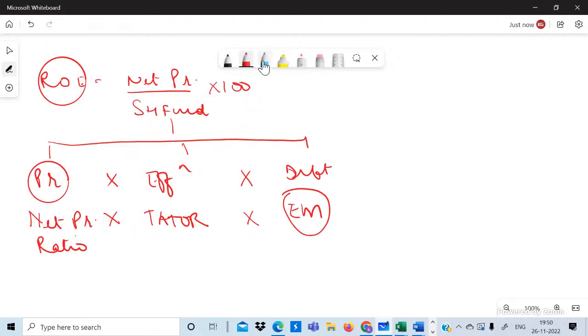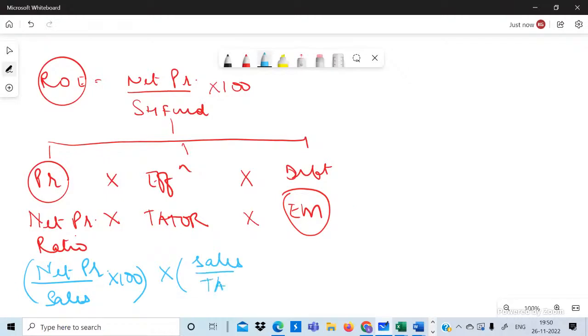Why? Expand this. How do you calculate net profit ratio? Net profit upon sales into 100. How do you calculate total asset turnover ratio? Sales upon total assets. So sales and sales will nullify each other. And how do you calculate equity multiplier?